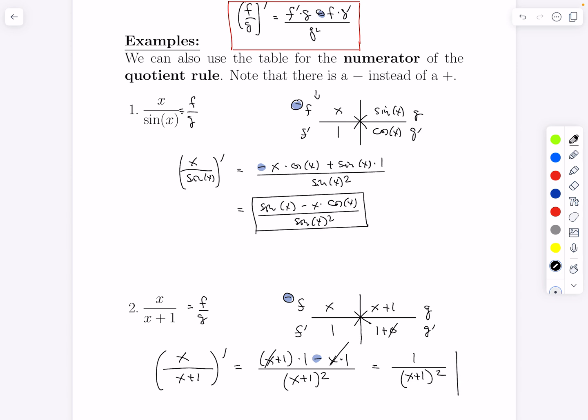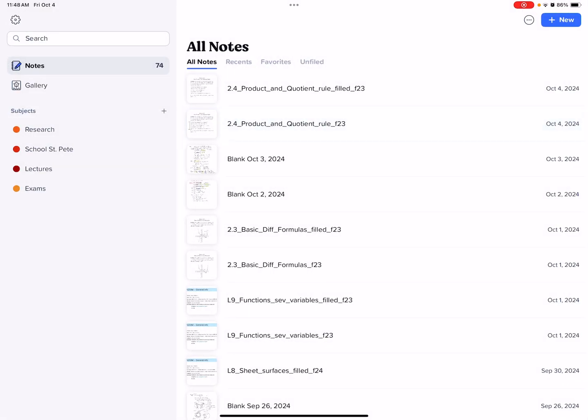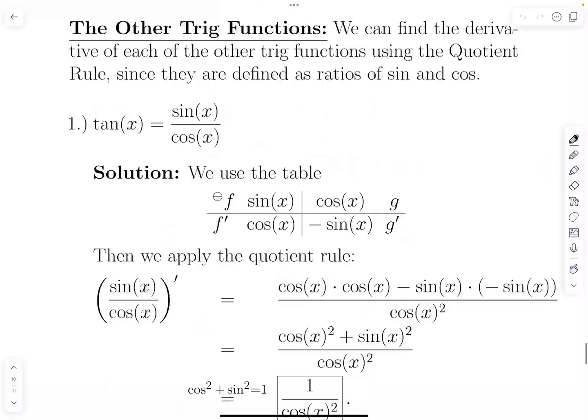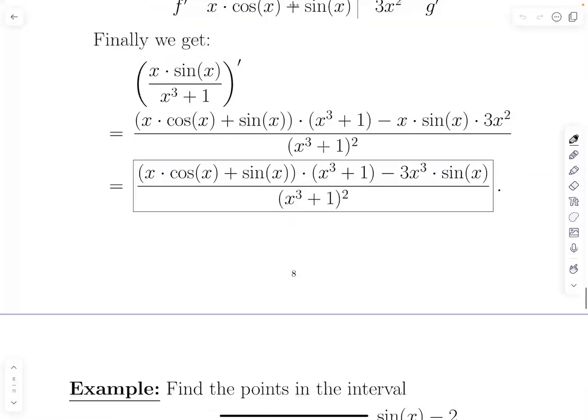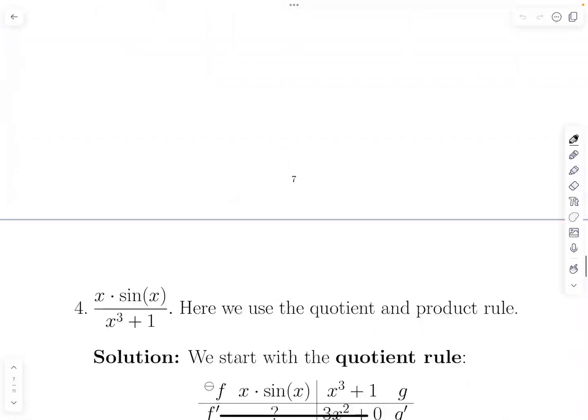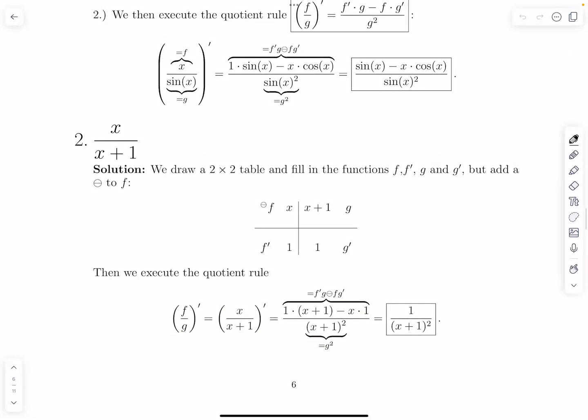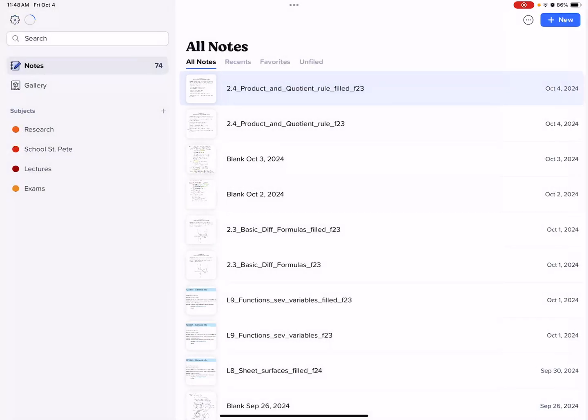Is that correct? I have a bad feeling. Let's have a look. Do everything right. Yes, correct.